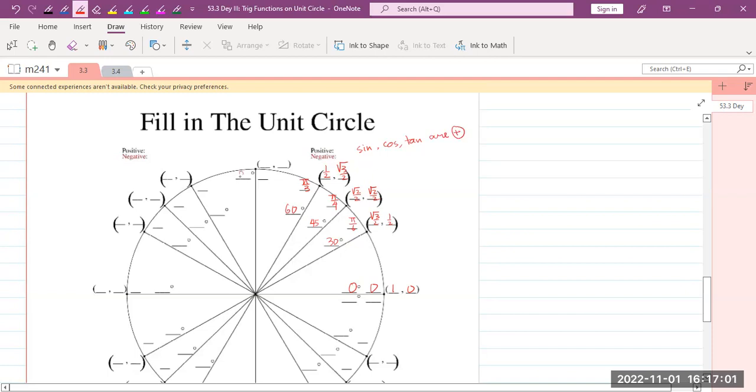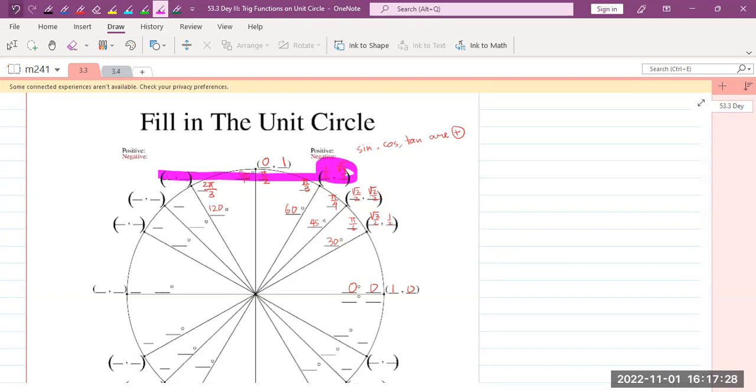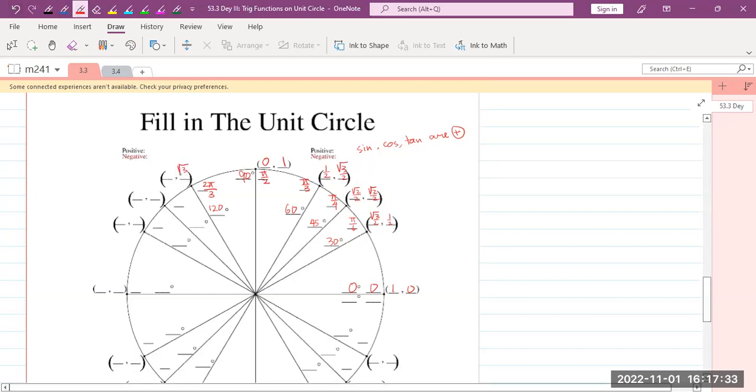At 90 degrees, the radian is pi/2. The coordinate associated to it is 0,1. This one here is 120 degrees. The radian is 2 pi/3. Notice that the coordinate here must have the same y as this one, so the y must be radical 3 over 2.